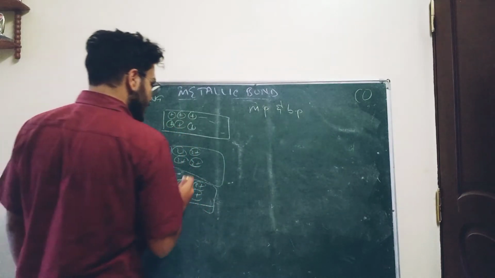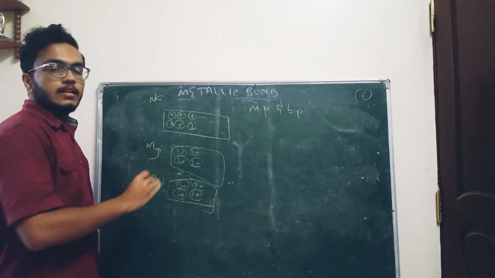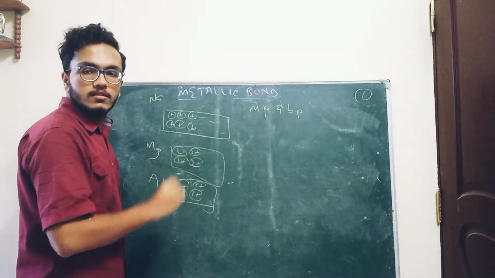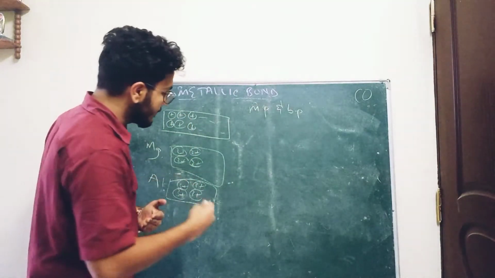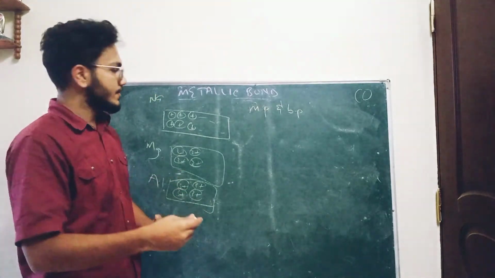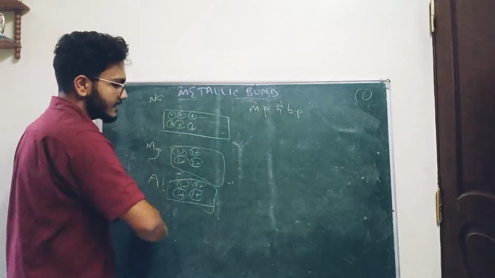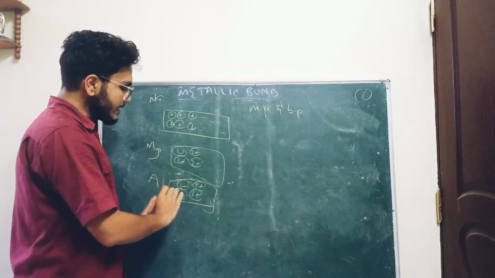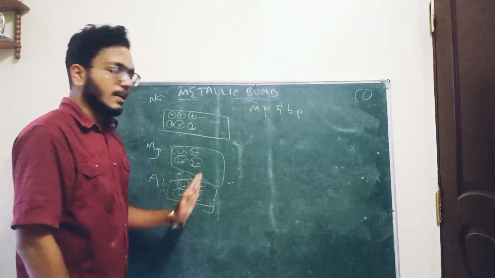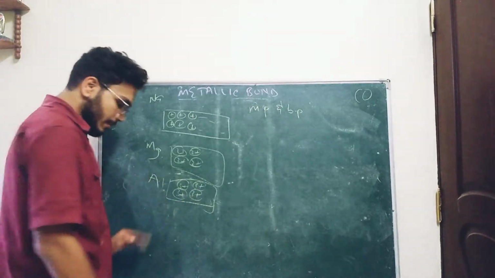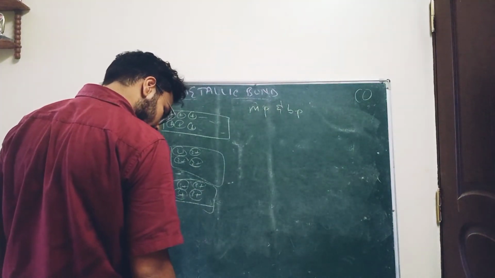The delocalized electrons also conduct electricity. The more the delocalized electrons, the better the metal is a conductor of electricity. So aluminium is the best conductor of electricity among these three metals. Why? Since it has the highest number of delocalized electrons.